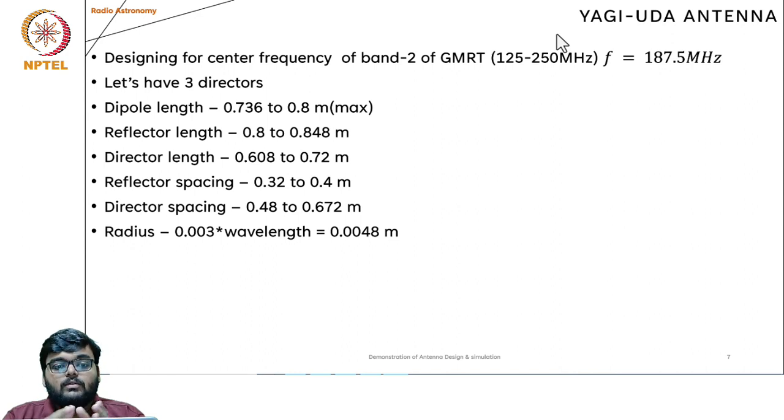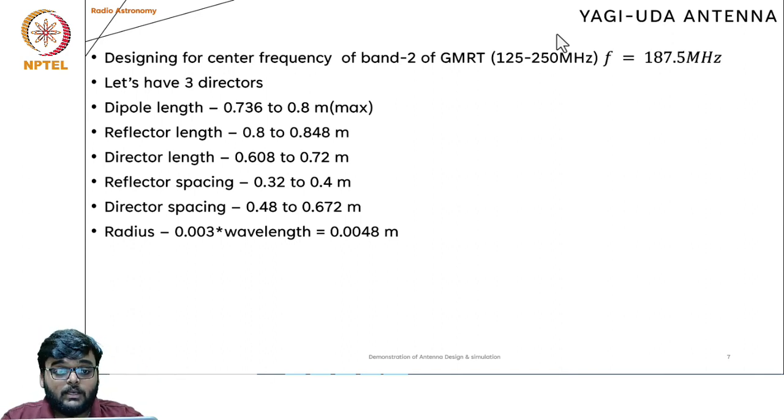Director length can vary from 0.608 to 0.72, reflector spacing varies from 0.32 to 0.4, and director spacing varies from 0.48 to 0.672. For this example, we won't take too many directors. We will take only 3 directors and 1 reflector. That means a total of 4 passive elements and 1 active element, which is the dipole. So a total of 5 elements.